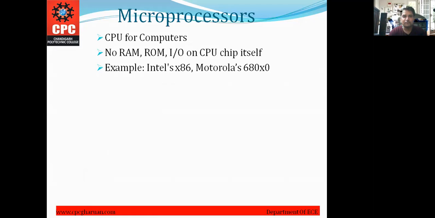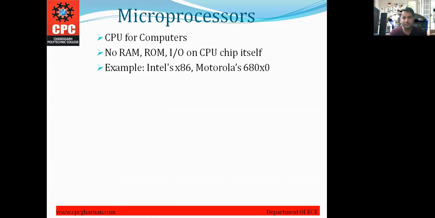Here we have compared microcontroller with the microprocessor. We can say a microprocessor is the CPU for a computer. It actually has no RAM, ROM, input output on the CPU chip itself. We have to add them with the microprocessor externally.